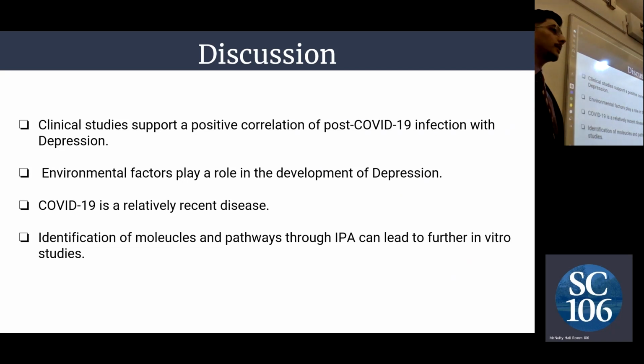Environmental factors such as the isolation from the quarantine, death of loved ones, and the consequences of the quarantine are not factored in. Third, COVID-19 is a relatively new disease, which can limit the amount of circulating information. Therefore, it was hard to access in vivo and in vitro data. Finally, the identification of molecules and pathways through IPA can lead to further in vitro studies.